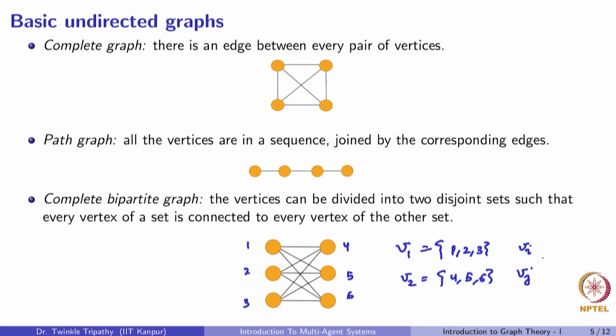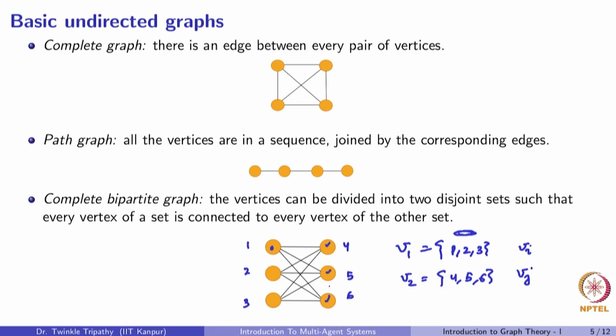However, note that there will not exist a path if we take any 2 elements belonging to the same subset. For example, 1 and 2 do not have a path with respect to each other. So, in a complete bipartite graph, it is mandatory for any node or any vertex from one of the subsets to have a path to every other.